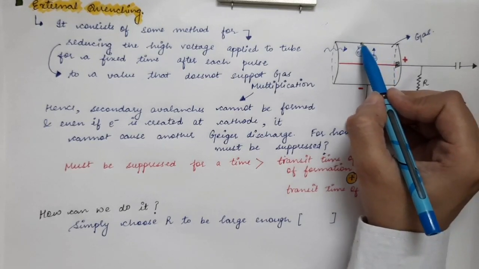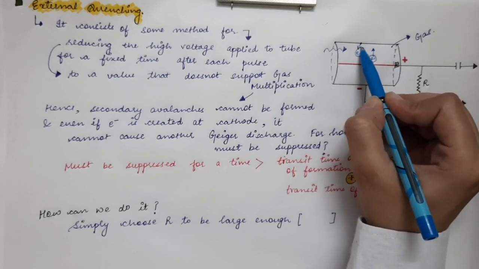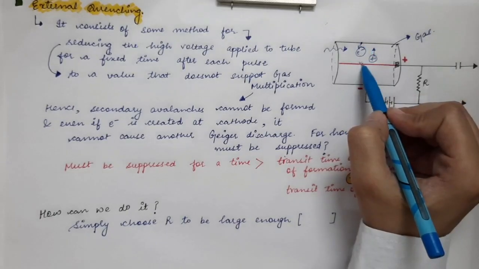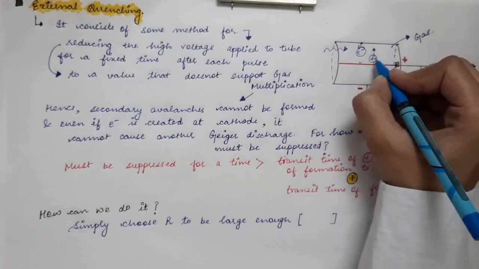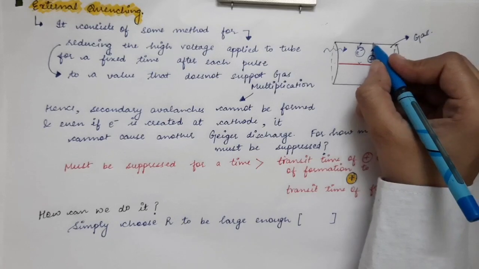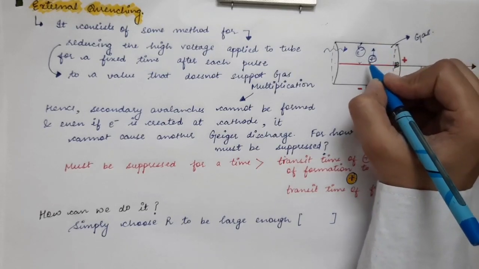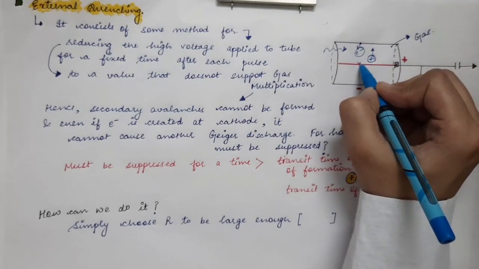And if an electron is released from the cathode surface, then when this electron reaches the anode, in that time also the voltage must be less. So there are two times: first, the time the positive ion takes to reach the cathode, plus the time this electron takes to reach the anode.